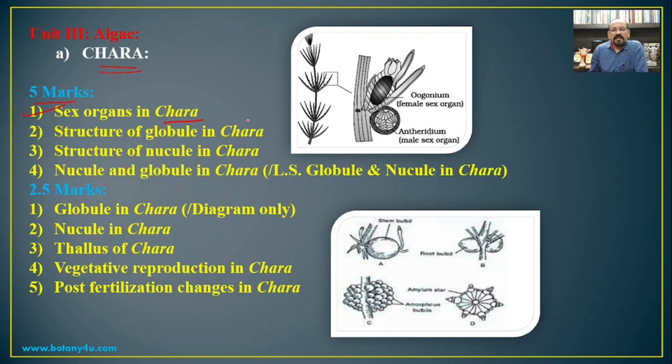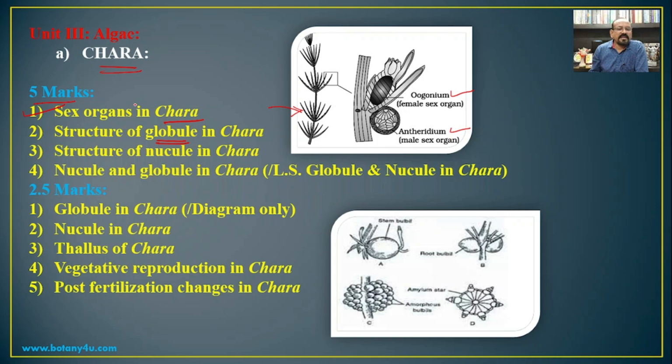So if you see the branches, you will find that on the branches of limited growth, from the nodal region, there is a development of a globular or spherical structure which is known as the antheridium or the globule, and on the same node there is a development of the female sex organ, that is the nucule or the oogonium.